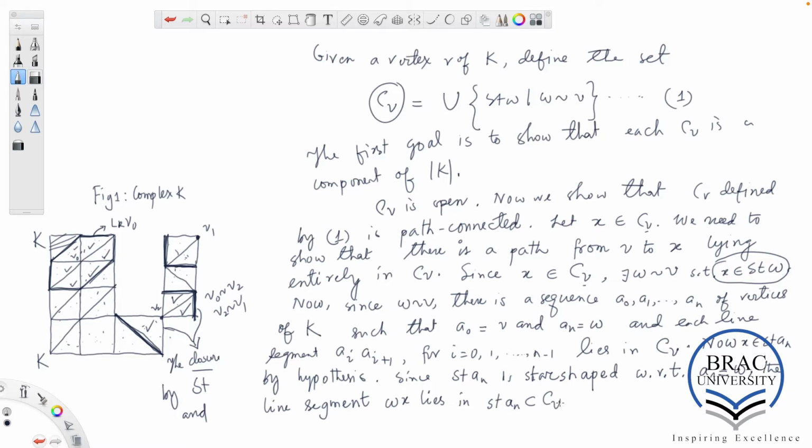Which is contained in CV. Since star of AN lies in CV, and the line segment WX lies in CV, we conclude that the path A0, A1, all the way to AN and X, the path joining all these points lies entirely in C sub V.